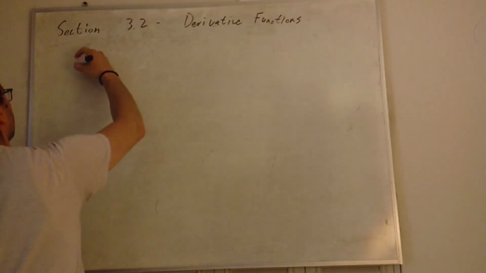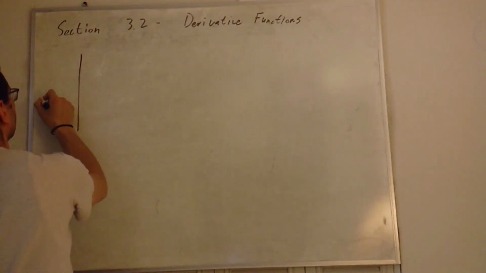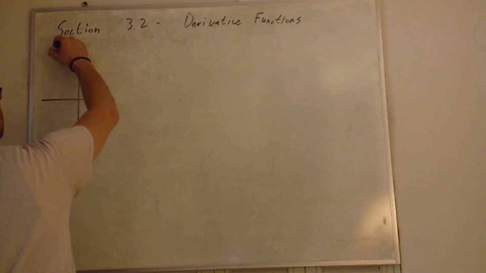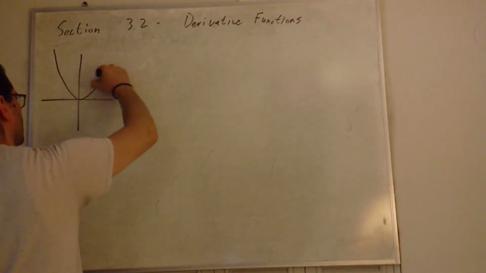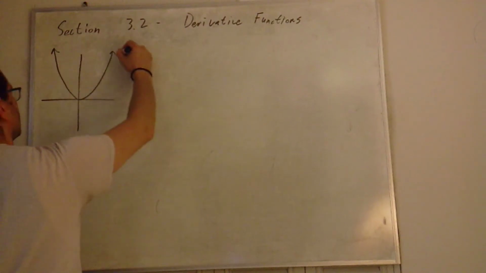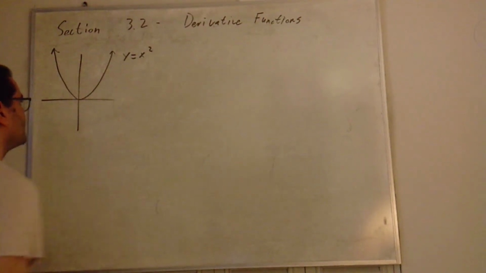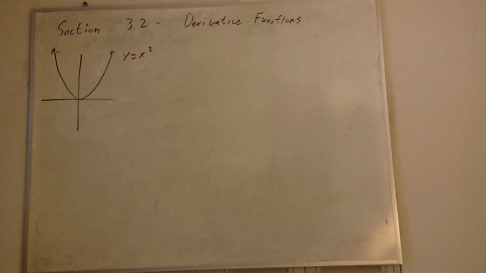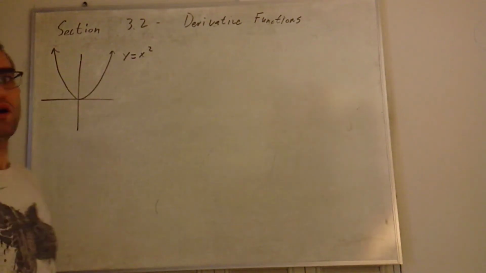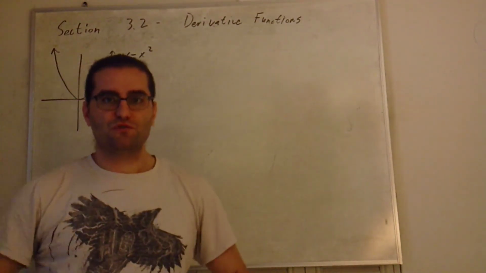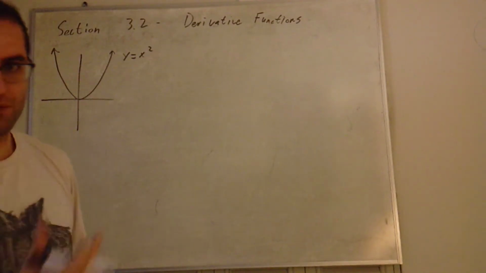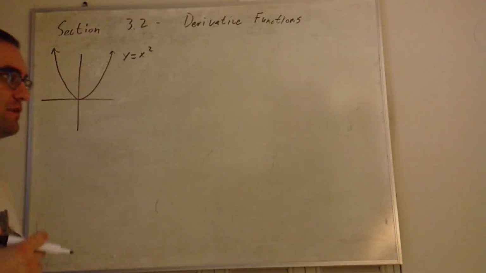So let's say we have a function that does this. This is y equals x squared. Without doing any analytical math on this y equals x squared graph, I want to see what the derivative is going to look like.